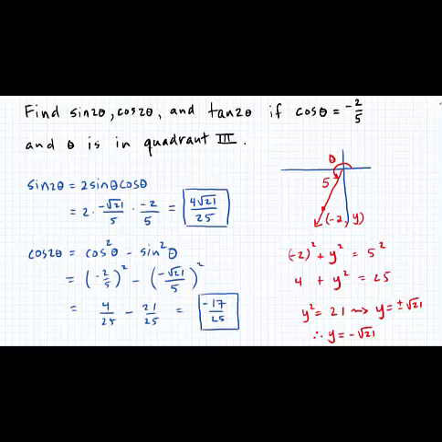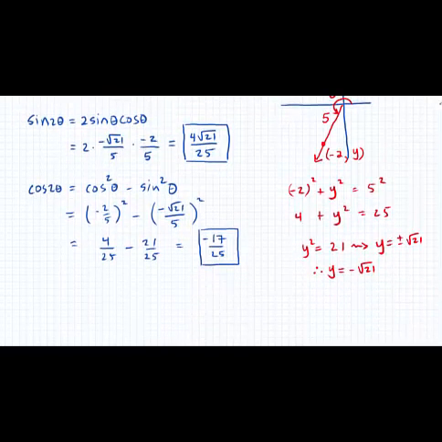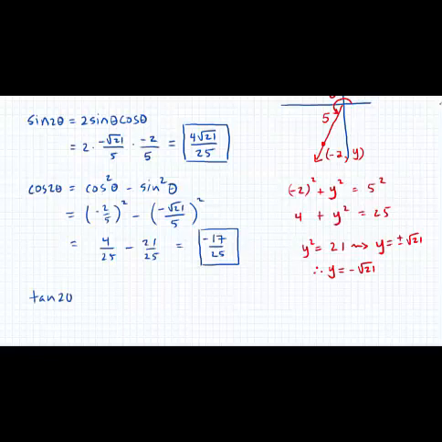And now we want tangent of 2 theta. It's possible to use an identity, but most of us would just use the fact that tangent is sine over cosine. I guess we are using an identity, but we're not using a double angle identity. We're using this standard representation of tangent as sine over cosine.